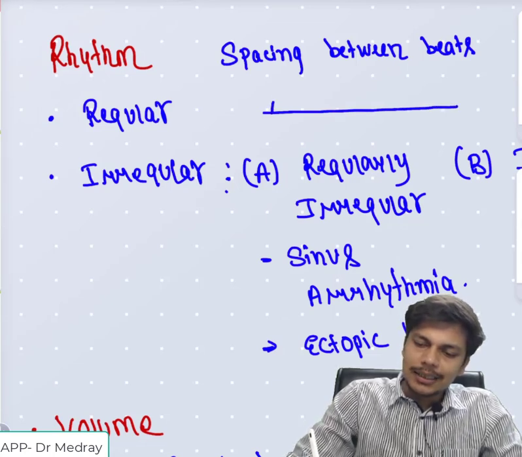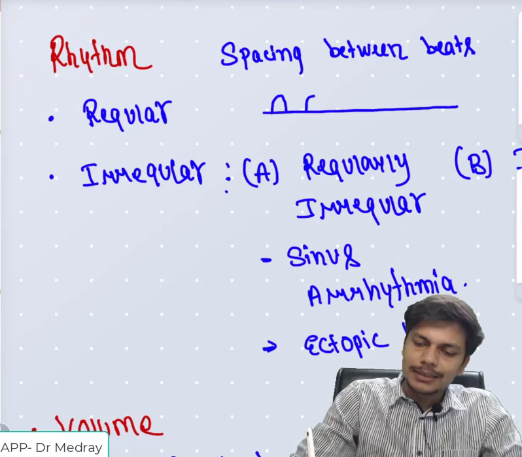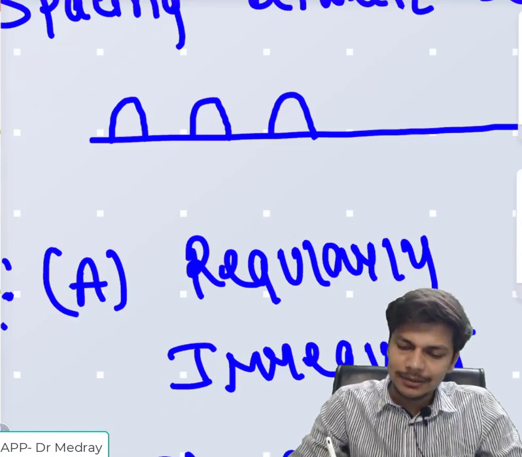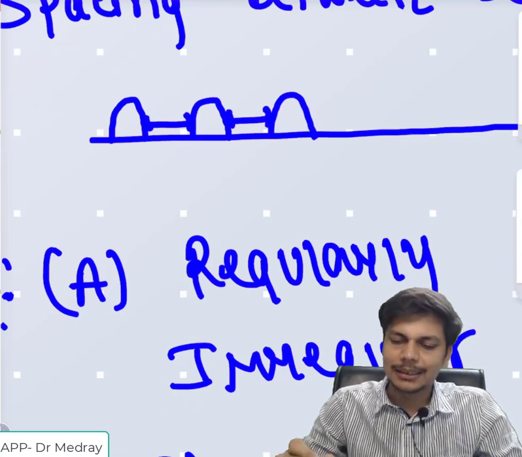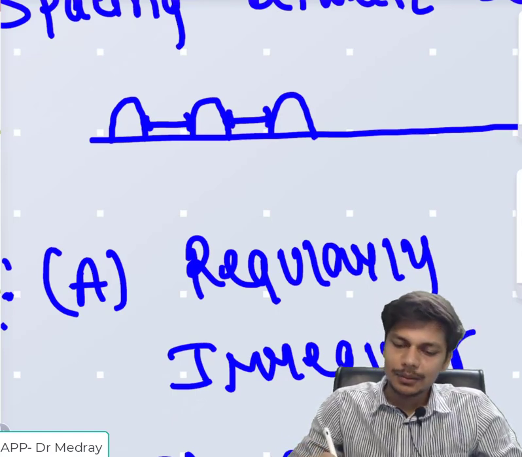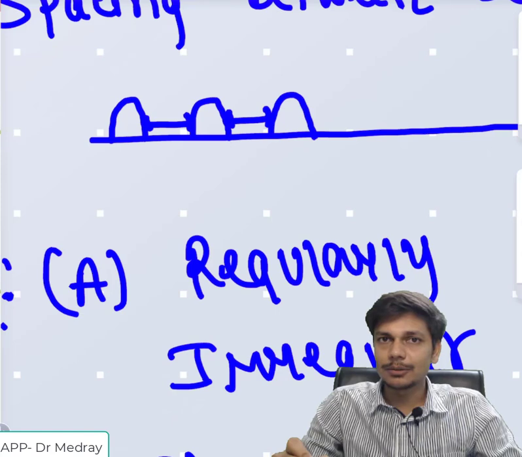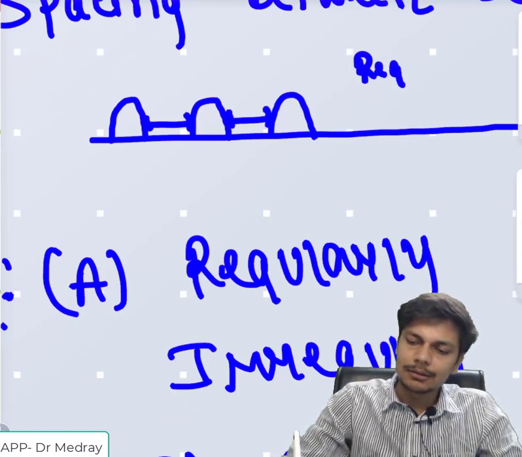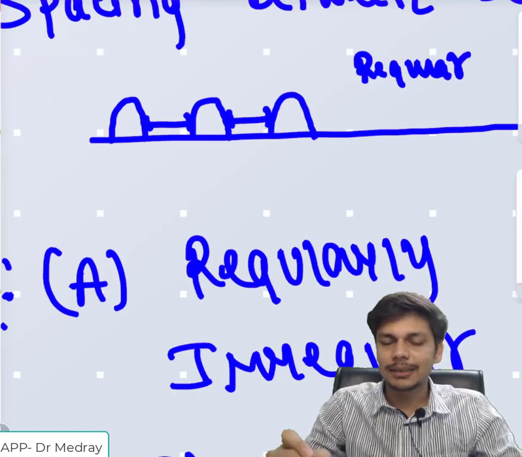Normally, if you get one impulse here, another impulse here, and another here, this is the normal spacing of the pulse. The space between the first and second beat and between the second and third beat is almost equal. That is the rhythm, and it should be regular. The pulse should be regular in rhythm.